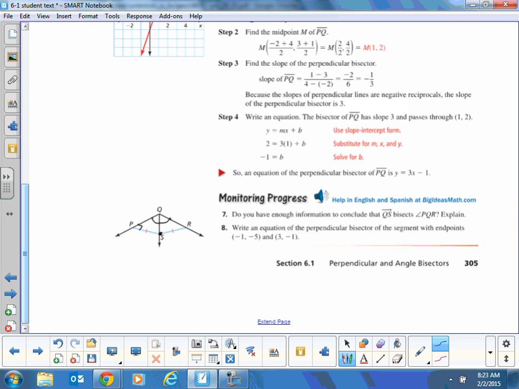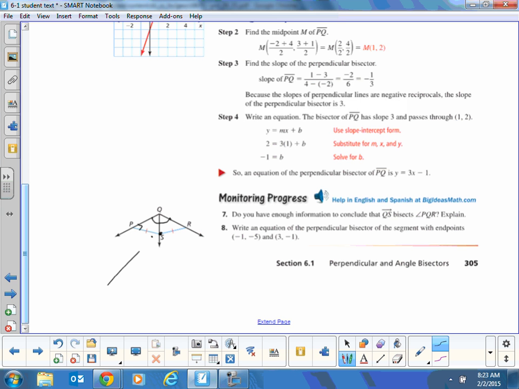So they could easily be the same length, but be a different distance from S to R and from S to P. Could be totally different distances. Could be the same length, but could be different, hitting at different angles.